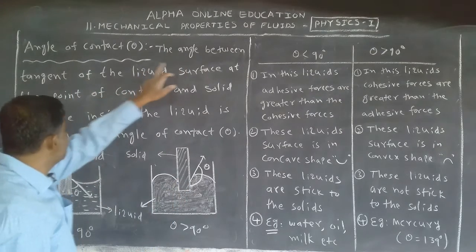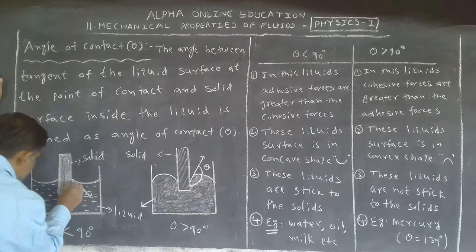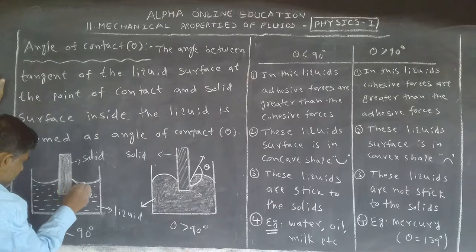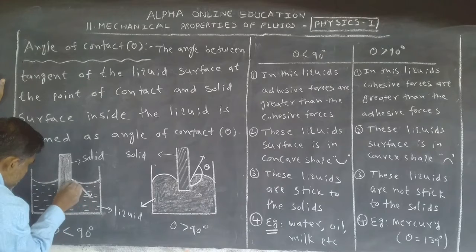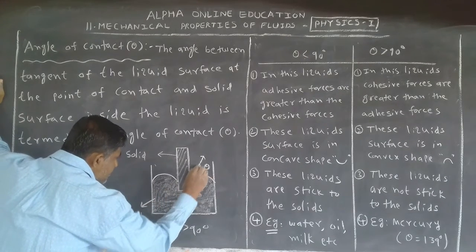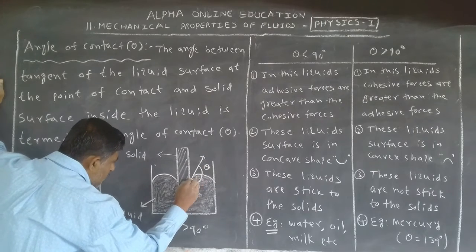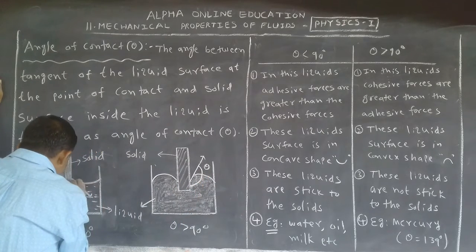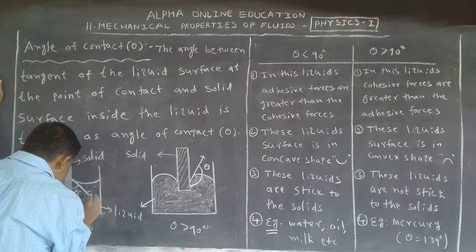The angle between the tangent, but how does it look? This is the shape. For this, this is the tangent. For this, this is the tangent. This is called the tangent line. It looks like this, that's why it is a tangent line.